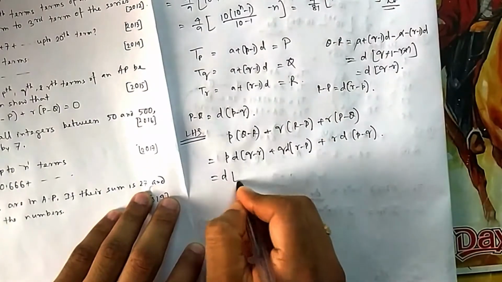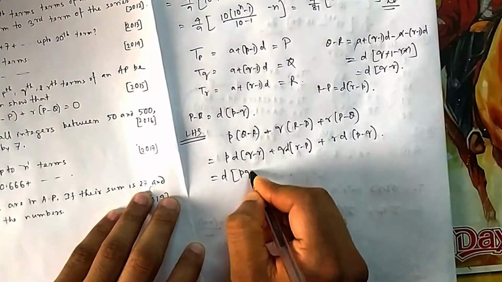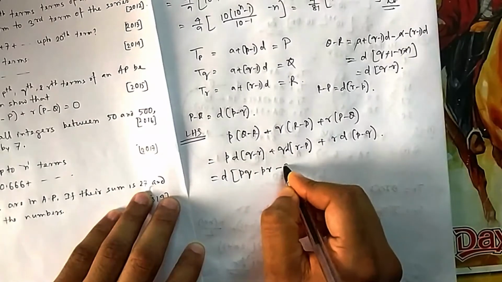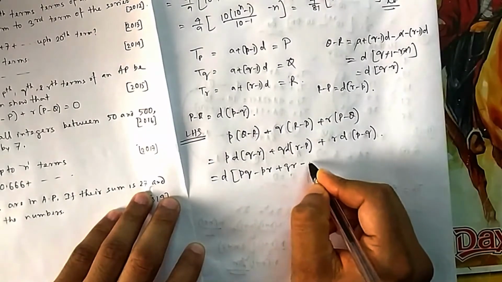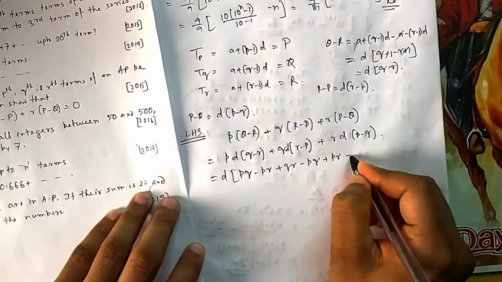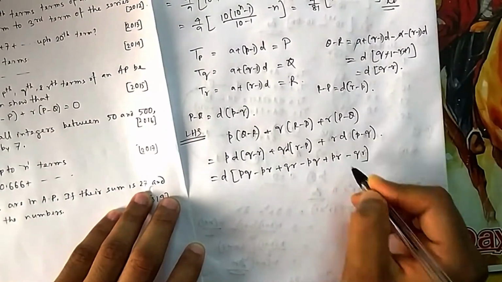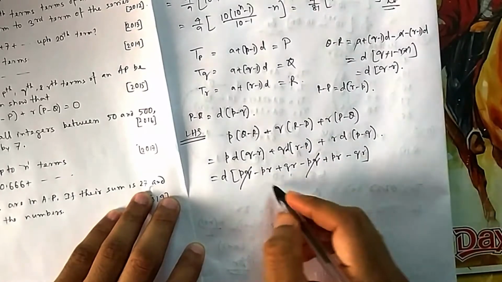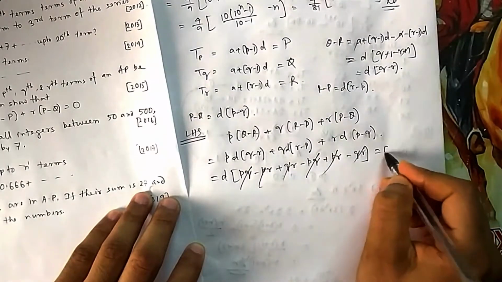If you take D common, then it is PQ, small p, small q minus PR plus QR minus PQ plus PR minus QR. So PQ gets cancelled, PR, QR, ultimately what is left is 0.